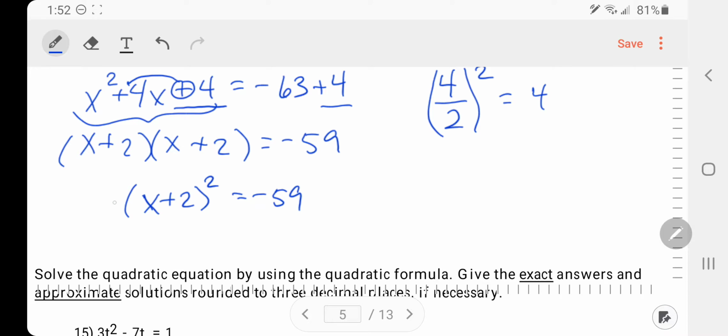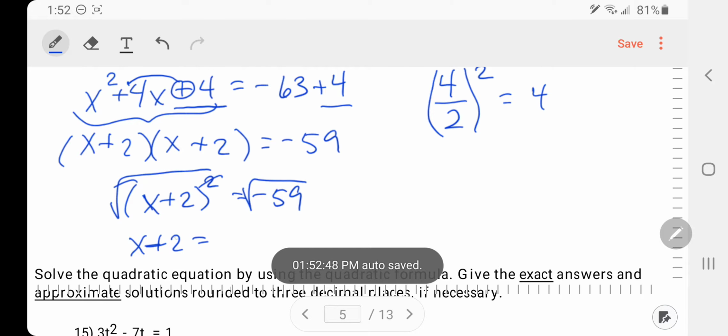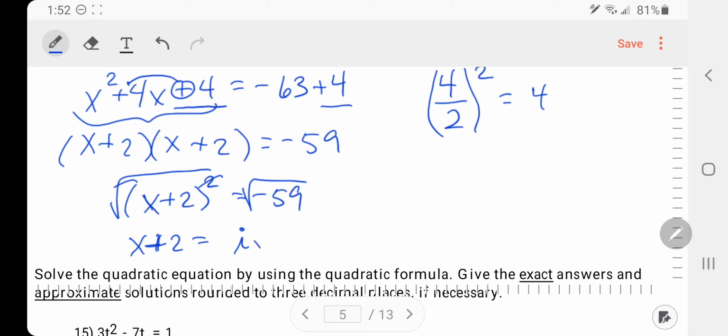And then I need to take the square root of both sides to get rid of this squared. Gives me x plus 2 equals... Now, since we're square rooting a negative number, that means we're going to get an i in our answer. 59 doesn't square root nicely, so it's going to stay 59.